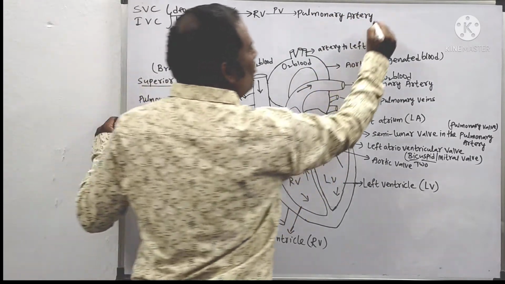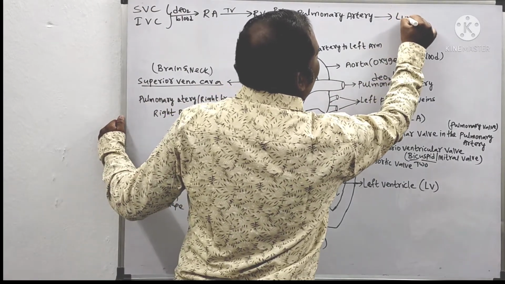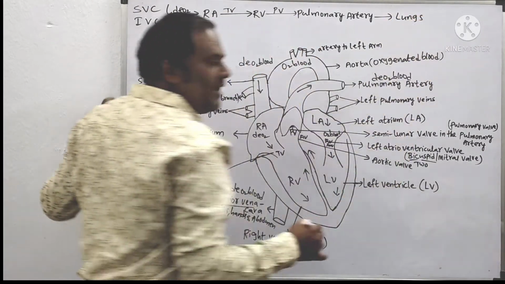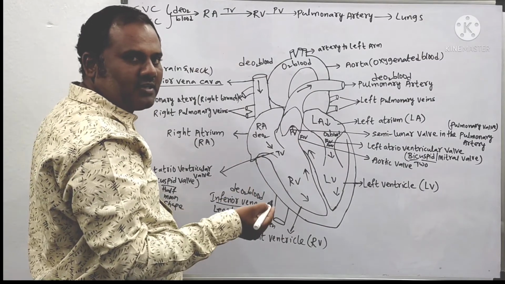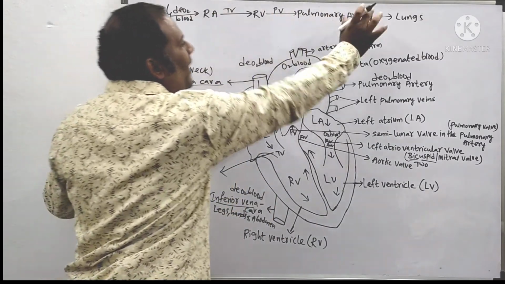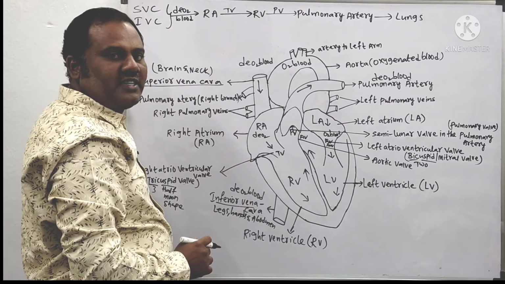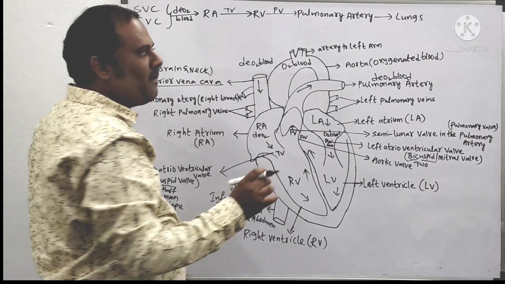From the pulmonary artery it goes to the lungs. You know that in the lungs the deoxygenated blood is converted into oxygenated blood. So the whole deoxygenated blood circulation pathway has been completed.